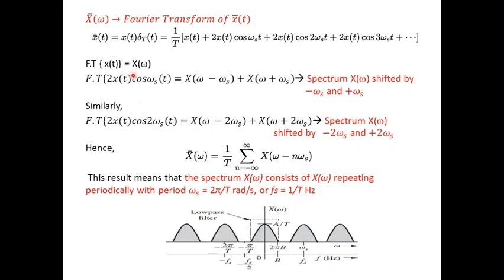So summing the entire right hand side of the expression gives x cap of omega equal to 1 by T, and summing all the Fourier transforms from n equal to minus infinity to infinity, x of omega minus n omega s. This is the reason why we get the Fourier spectrum of a sampled signal with repeated versions of the spectrum.